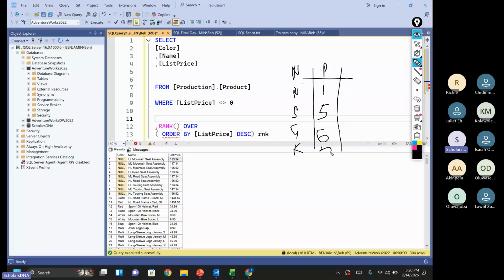If I ask you to rank this based on the highest price, let's call this price. What you would do naturally is rank it from the highest price to the lowest. So this will be 1, this will be 2, this will be 3, and this will be 4.